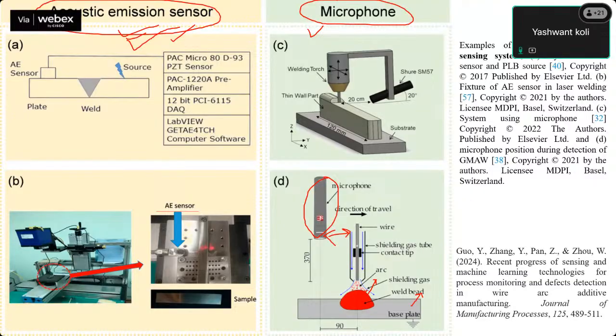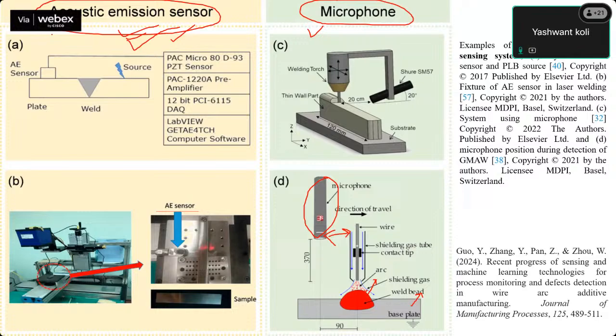The applications of AE sensors are detecting slag, porosities, cracks, burn through, and under penetration. They can be mounted on the fixture or plate to capture emissions traveling through air or material.